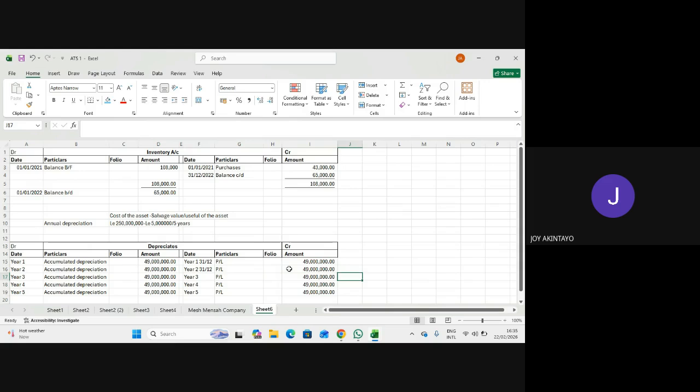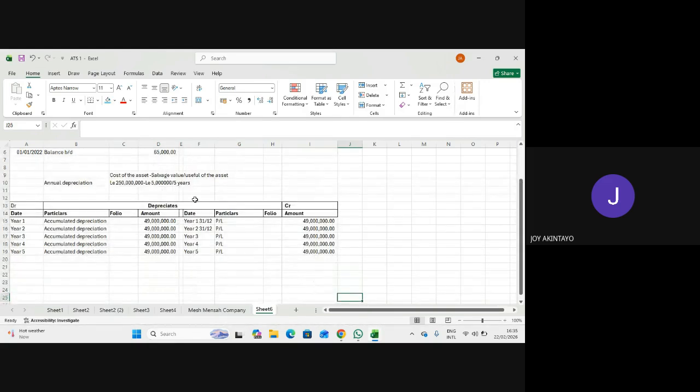So that's all. We are done with the first listing, depreciation. Then accumulated depreciation account.